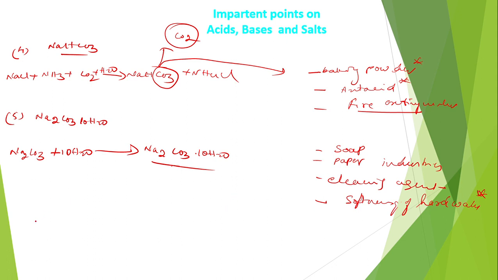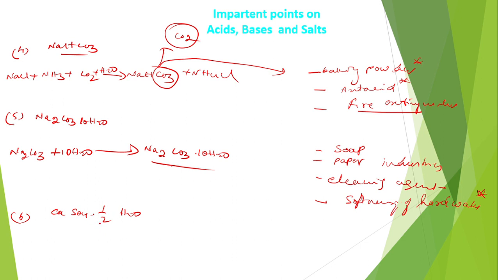So next, last one, it is plaster of Paris. So that is CaSO4·1/2 H2O. See how we are manufacturing this.